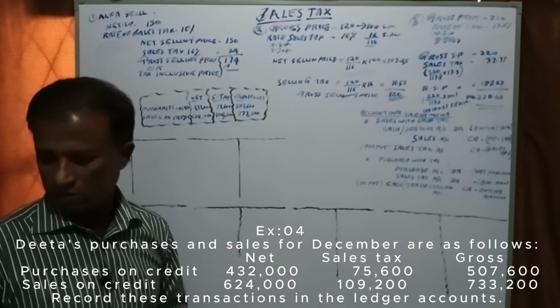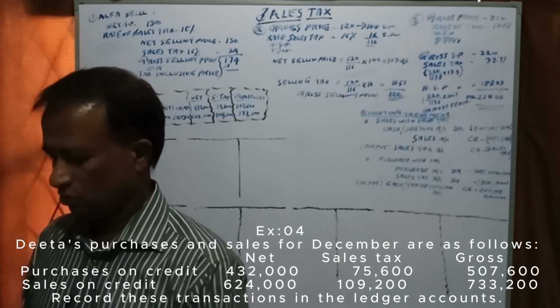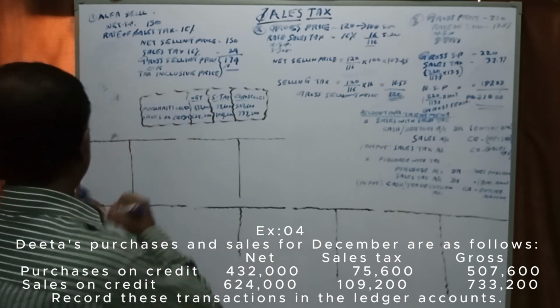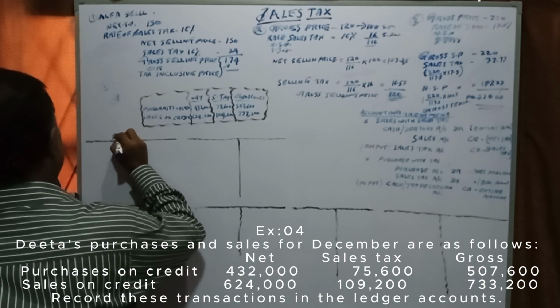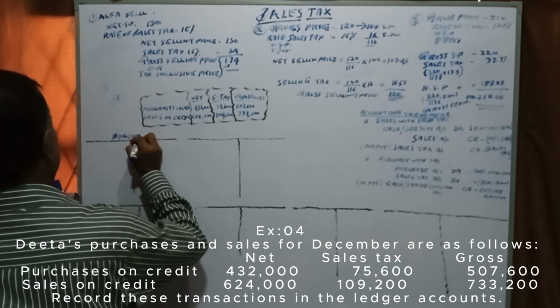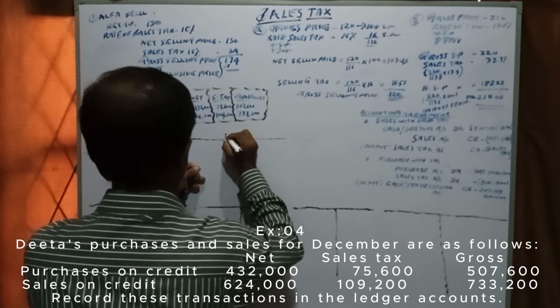Okay, 6 accounts we have chosen to open. Then this one we used to say purchase. This is sales.